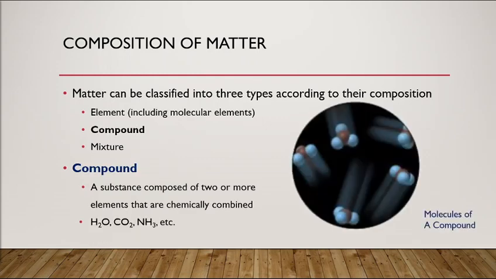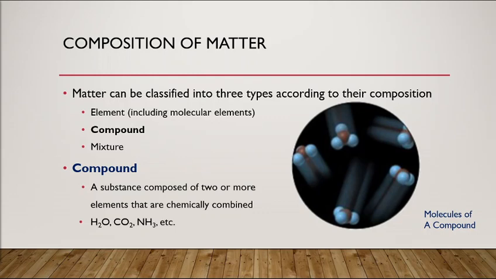The next type we're going to talk about is going to be a compound. A compound is whenever you have two or more different elements that are combined, typically through some type of chemical process.